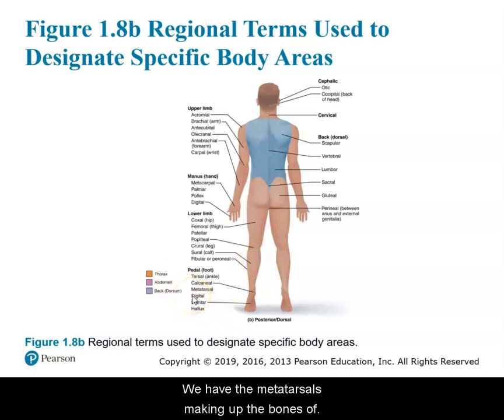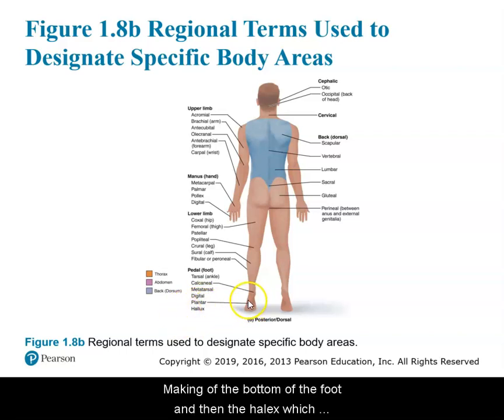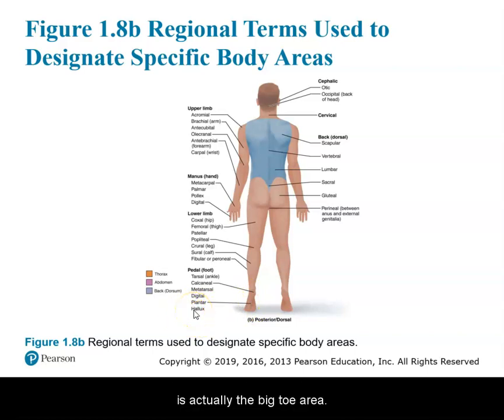We have the metatarsals making up the bones of the foot, as well as the digital area making up the bones of the toes, and then we have the plantar region making up the bottom of the foot, and then the hallux, which is actually the big toe area.